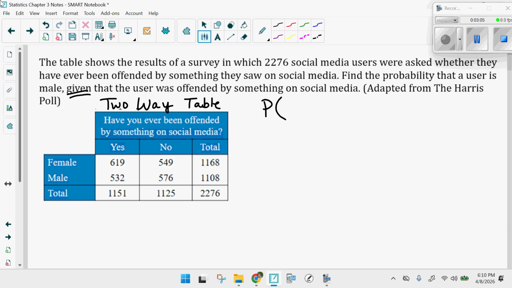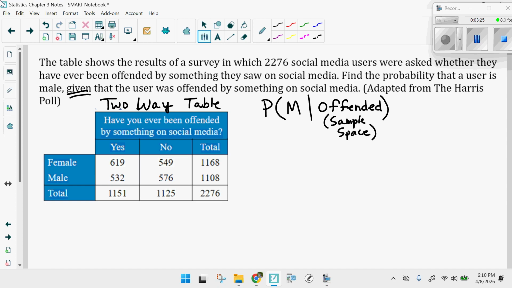So we're going to find the probability of a male given that they were offended. Our condition is that we're only going to focus on the offended, so we're only going to look at the sample space of the offended people.